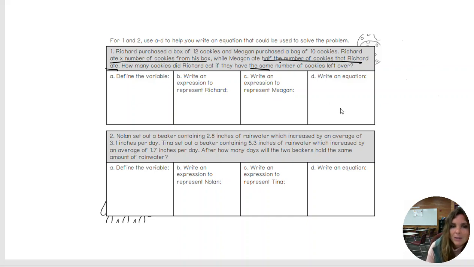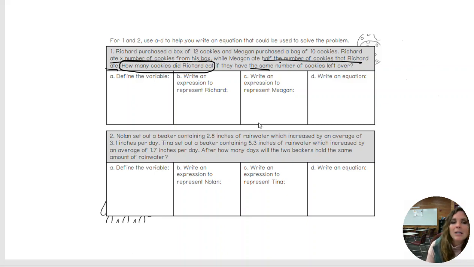So the situation is Richard has some cookies and he eats some cookies. And Megan has fewer cookies than Richard, and then she also eats some of the cookies. And we want to know, how many cookies did Richard eat if they have the same number of cookies left over?